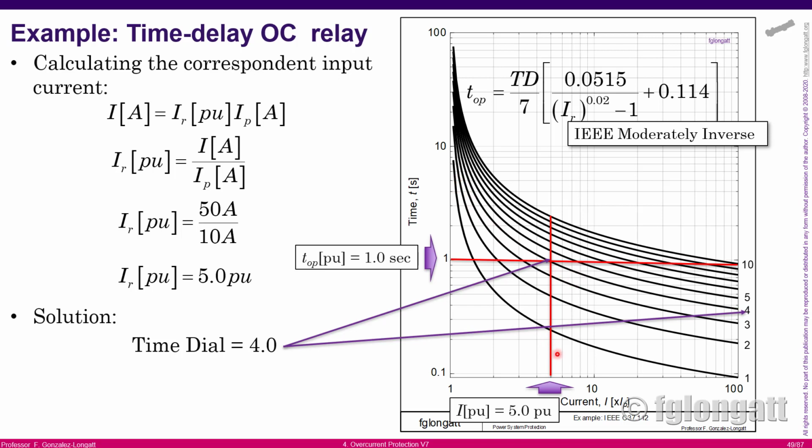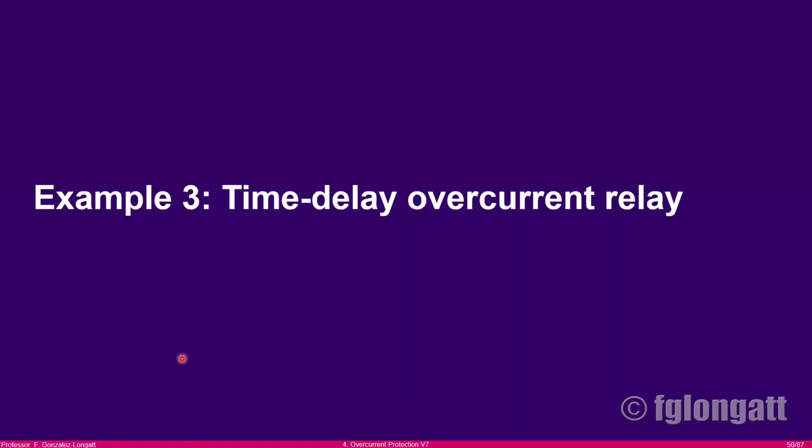I believe you can see now we are using current, we are using one operating time that we want to know, and we get here the time dial, okay? Solution, time dial number 4, okay?